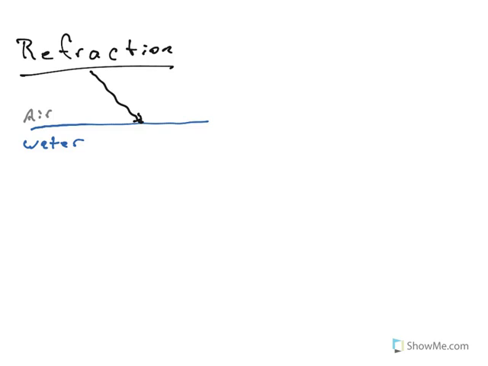Well, we already know light, of course, travels in straight lines, and it travels at constant velocity. However, when we say it travels at constant velocity, that is the speed of light, 3 times 10 to the 8th, we mean specifically it travels at that speed when it's in the air, or in a vacuum.